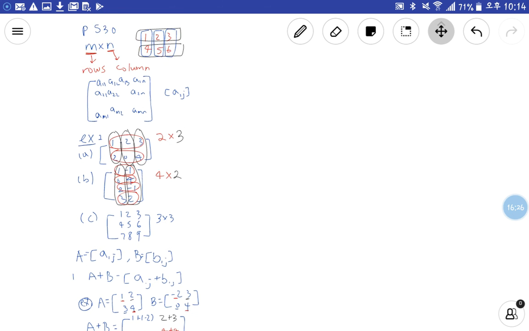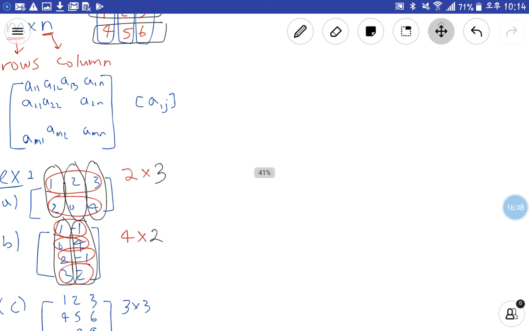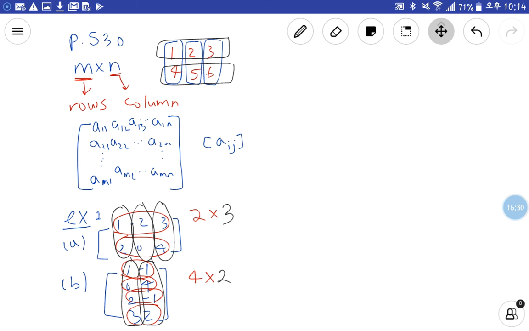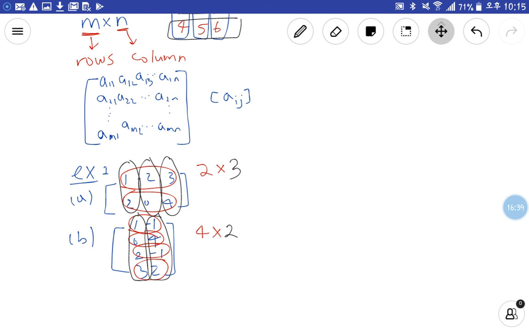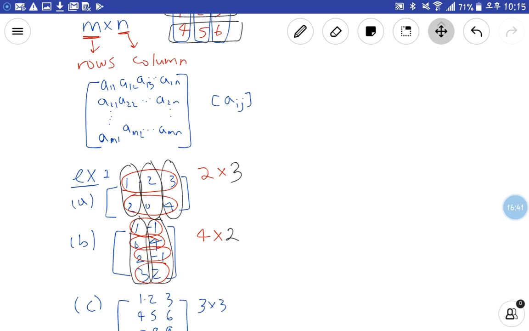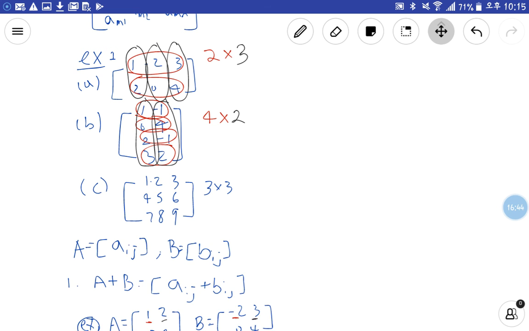This is a matrix, which is a rectangular array. You always have a bracket, right? And then m by n: m stands for rows, n stands for columns. The order of a matrix is always the number of rows first and the number of columns second. That's example 1.